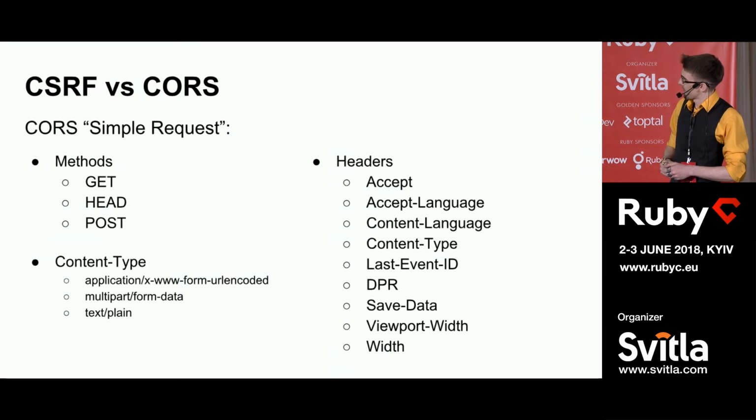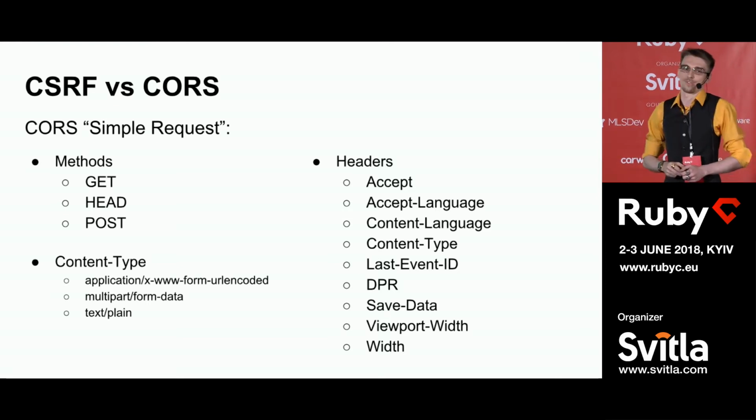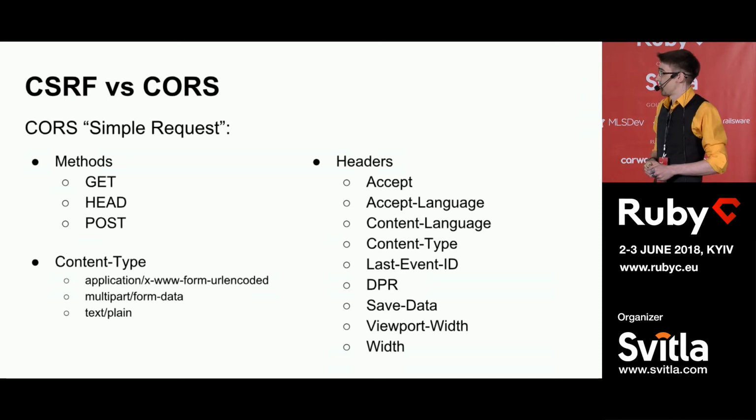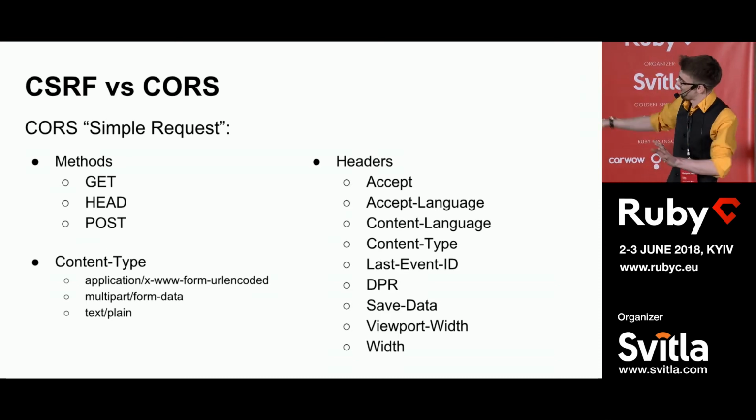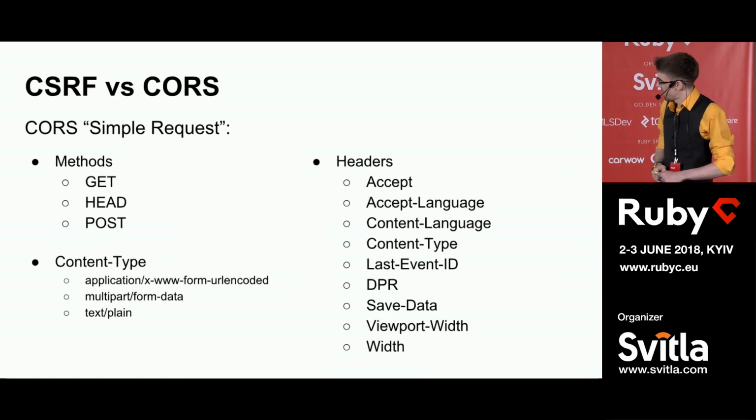It's quite amazing. There is one place where you can see everything you care about regarding cross-site request forgery. And the document says, you don't have to read all of it. Basically, it says that you have few methods like GET and POST, few headers, and few content types.